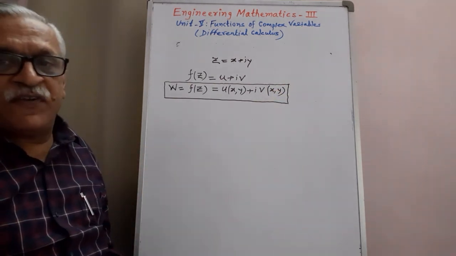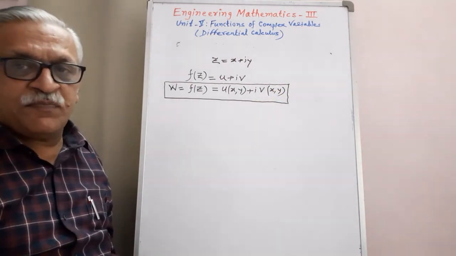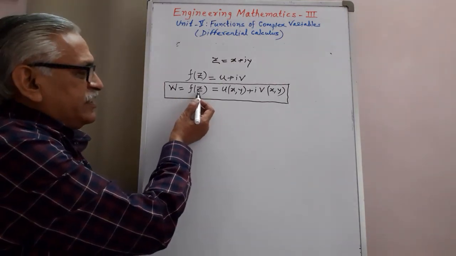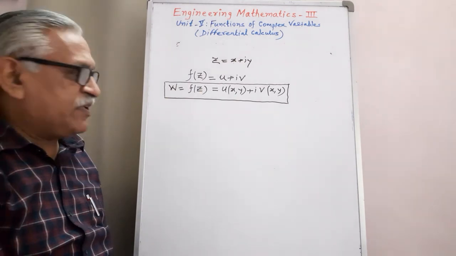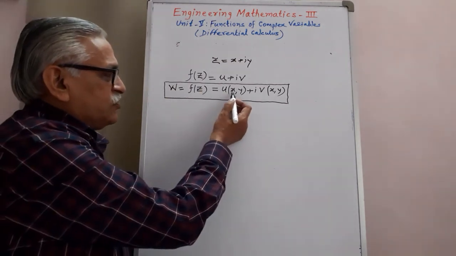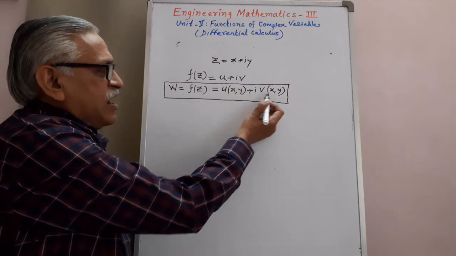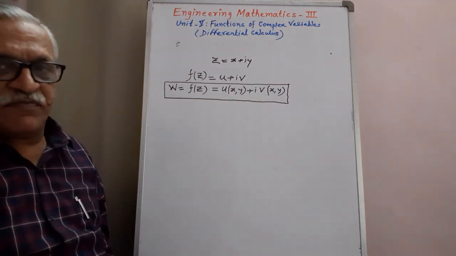Therefore, this is the definition of a function of a complex number or variable. Therefore, f of z, where z is a complex number or variable, is equal to u plus iv, where both u and v are functions of x and y.